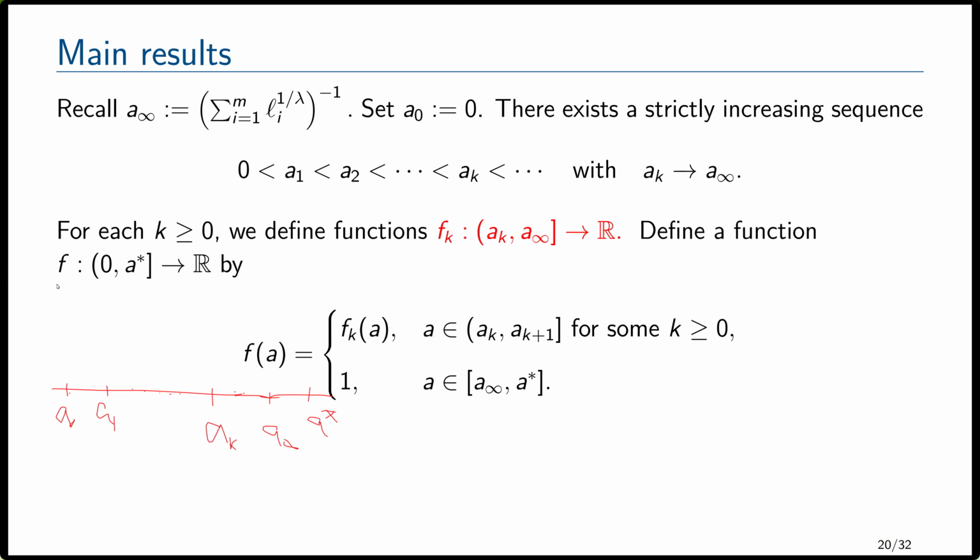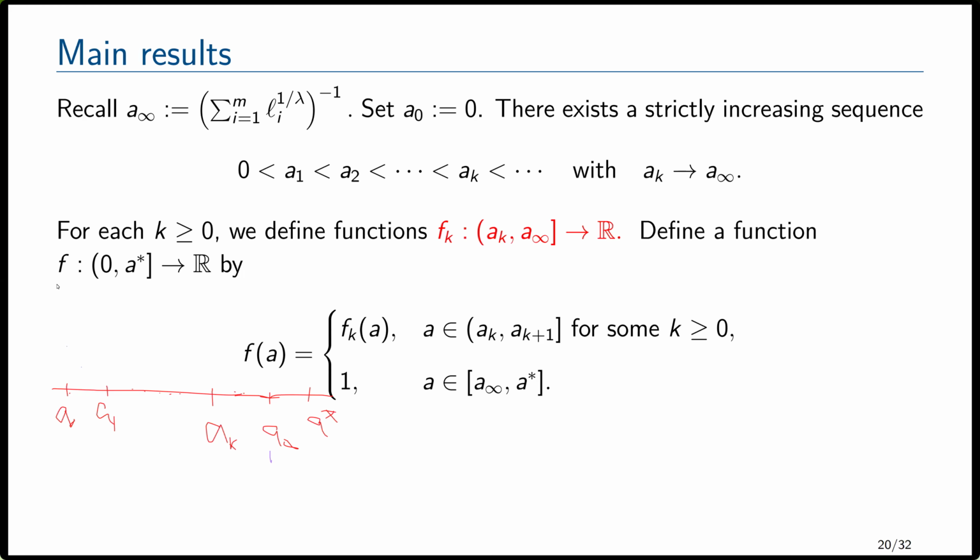On each interval, we can define Fk, which is defined on Ak to infinity. So A1 to infinity, A2 to infinity. But Fa is defined if we only consider A in Ak to Ak plus 1.